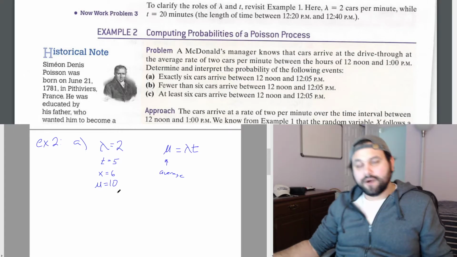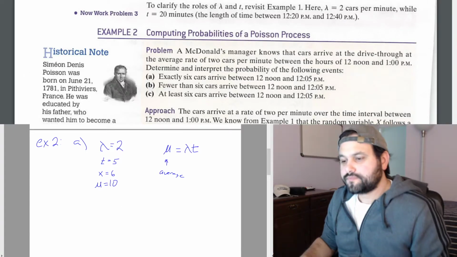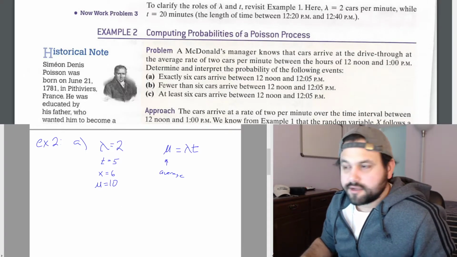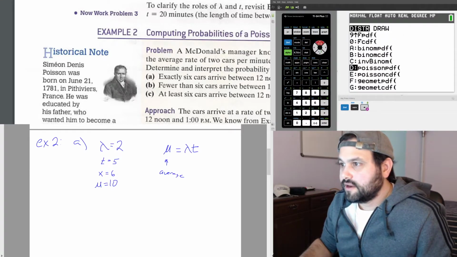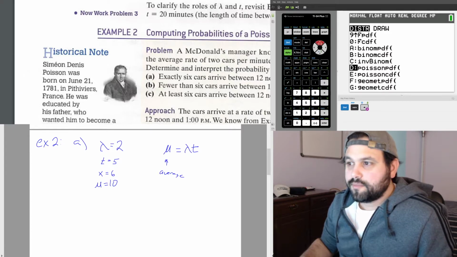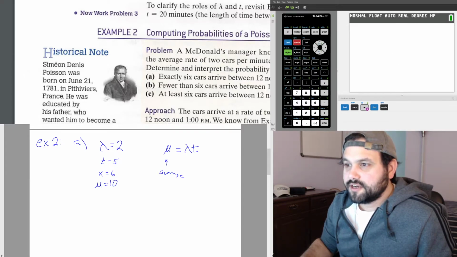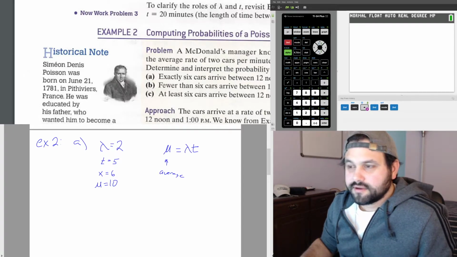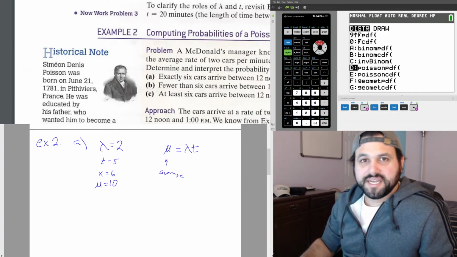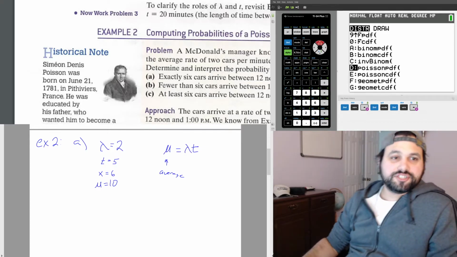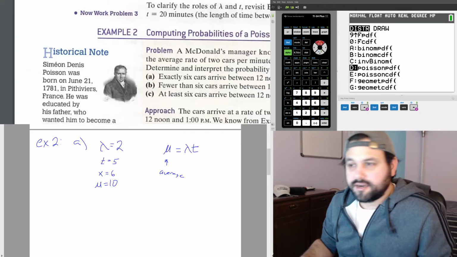All right, and now what we can do is we can go to our calculator. Let me restart here. So we go to second vars, to our distribution. We choose Poisson PDF because the question says exactly 6 cars.